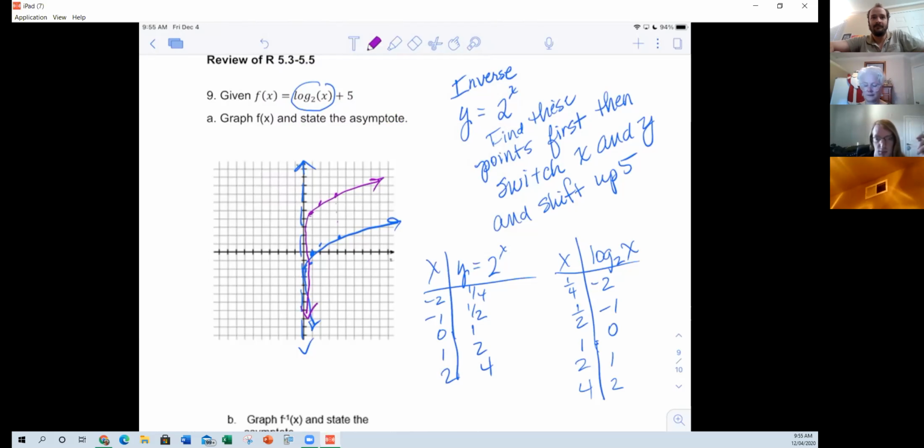So that is what it would look like. The asymptote would stay the same.